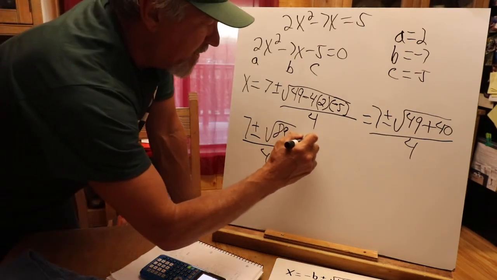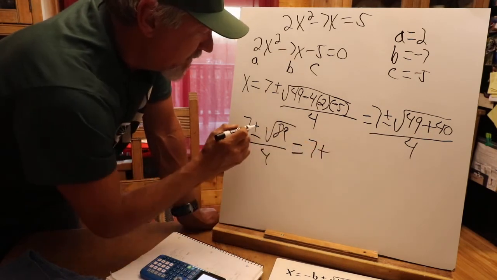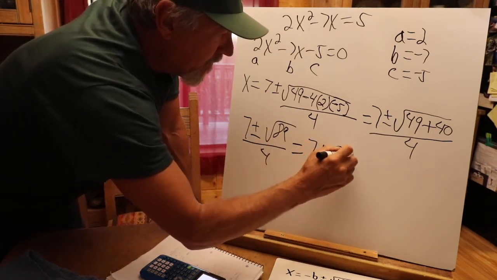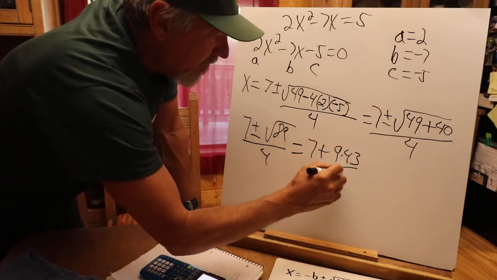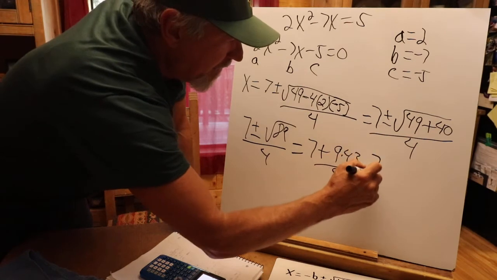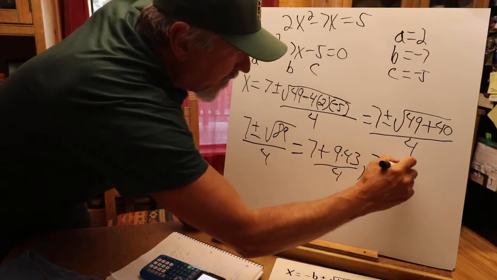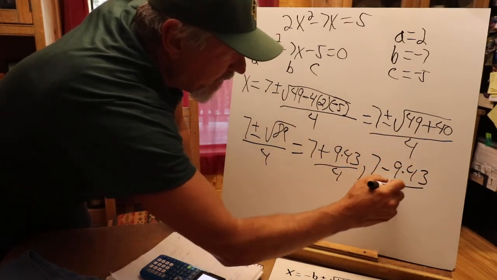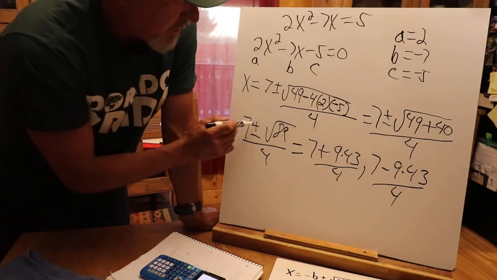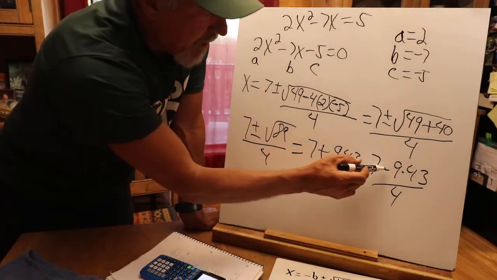So I'm going to have 7 plus 9.43 divided by 4. And then my minus answer, 7 minus 9.43 divided by 4. So remember, plus and minus, plus and minus.